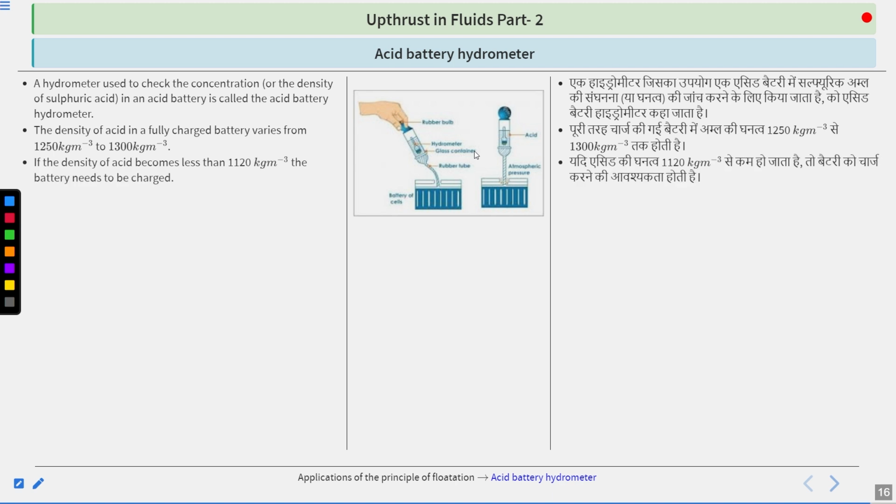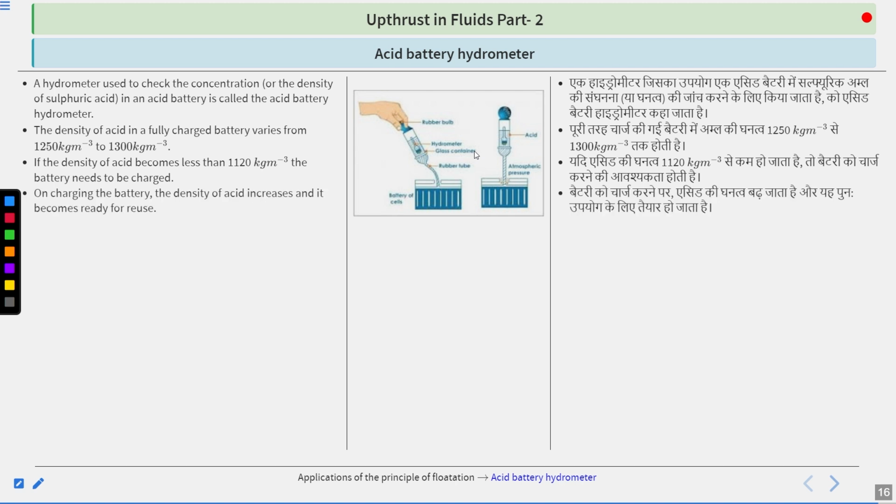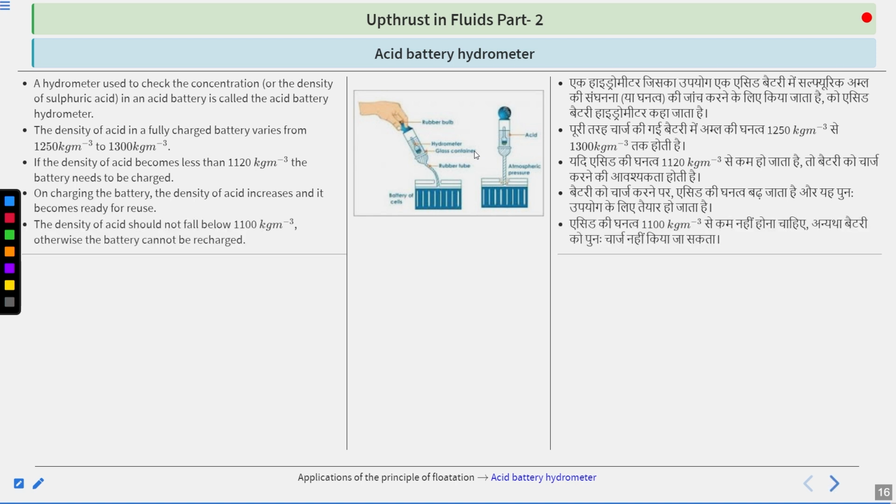If the density of acid becomes less than 1120 kg m^-3, the battery needs to be charged. On charging the battery, the density of acid increases and it becomes ready for reuse. The density of acid should not fall below 1100 kg m^-3, otherwise the battery couldn't be recharged.